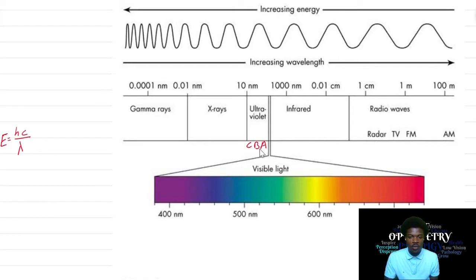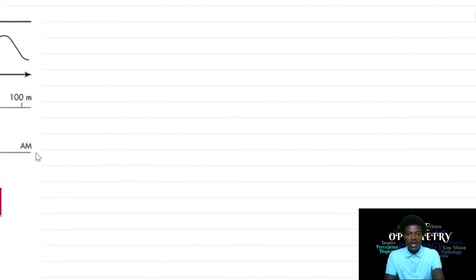Before we move on from light, though, you would want to remember equations such as: the frequency of light is equal to the speed of light over the wavelength of light. Also, the energy of a photon from light is equal to Planck's constant multiplied by the frequency of the light.